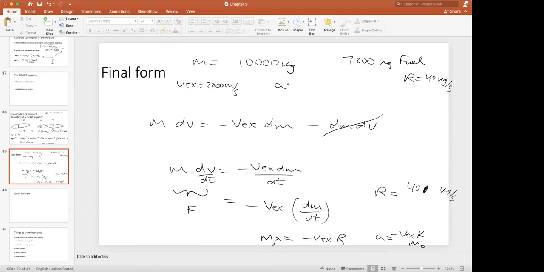Okay, I could find out what a is as minus v exhaust R over m naught, which is 2,000 times 40 divided by 10,000. That would be 80,000 divided by 10,000, that would be 8, right? So this is minus 8 meters per second squared, right?